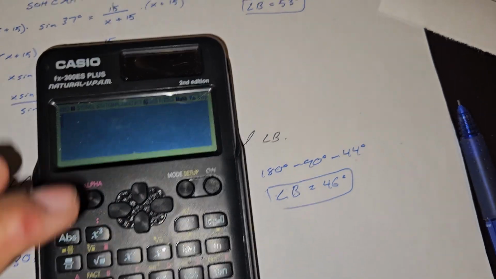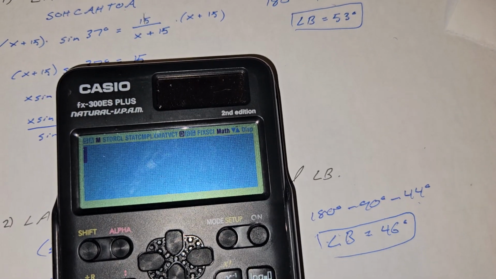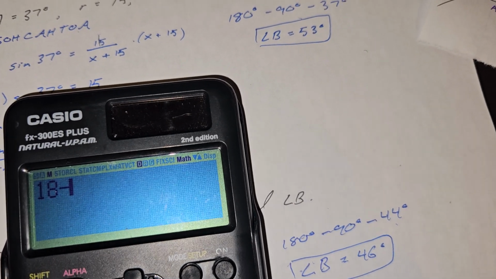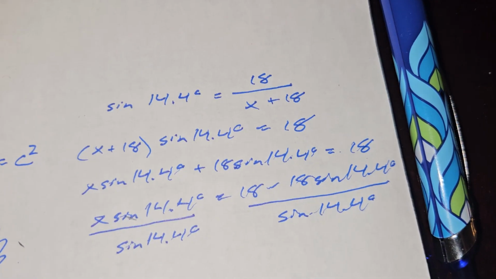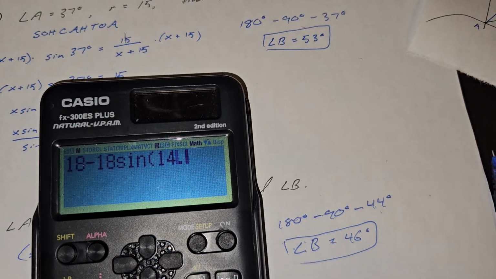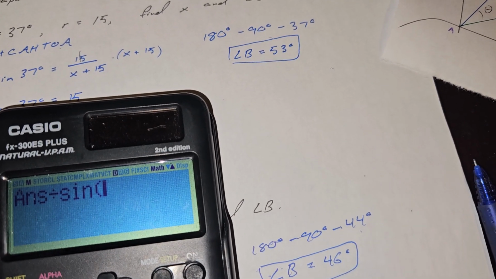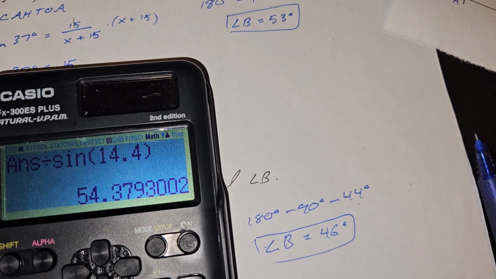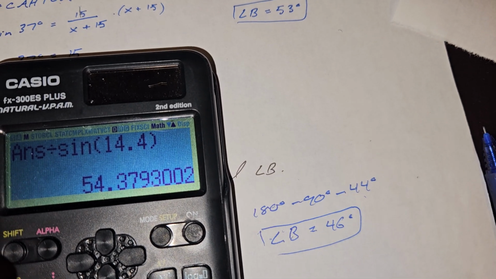If you don't get it, just let me know, but it's just solving like we did with the rest of the problems we had. So 18 minus 18 sine of 14.4 degrees, divided by sine of 14.4 degrees. That's going to give us roughly 54.3.